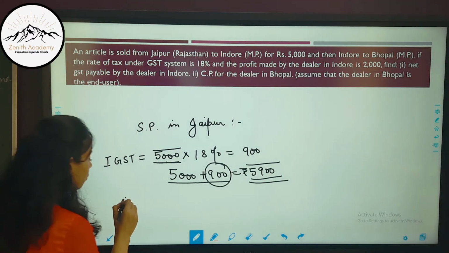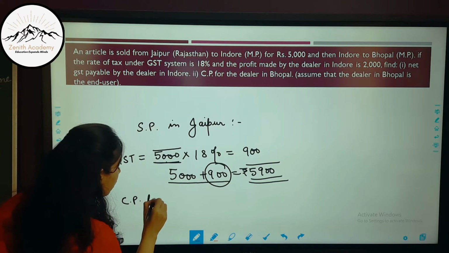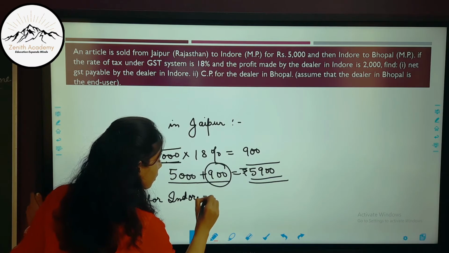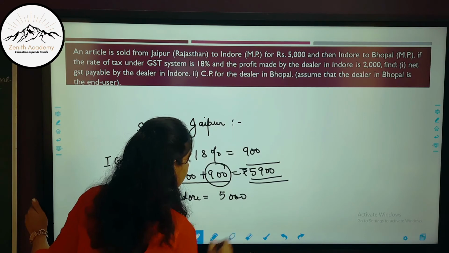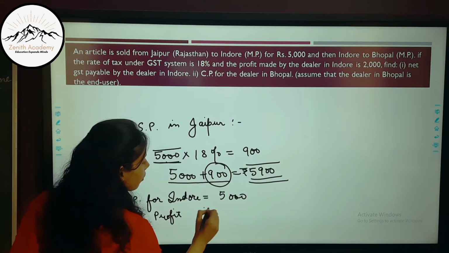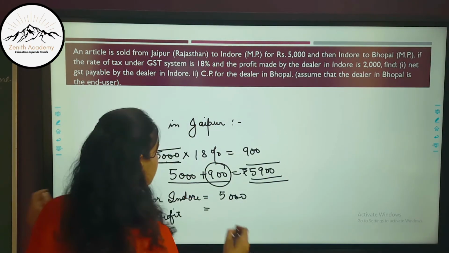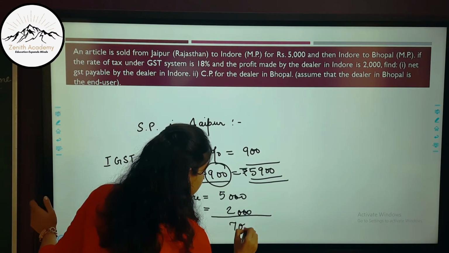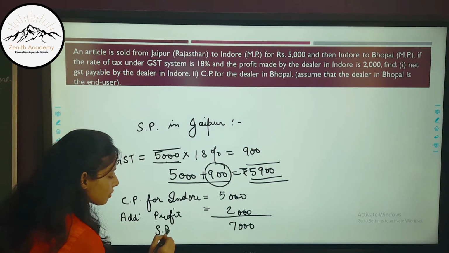So cost price for Indore is equal to 5,000, add profit. Now the question is saying the profit made by the dealer in Indore is rupees 2,000. So we'll add profit here. This will be the selling price in Indore.